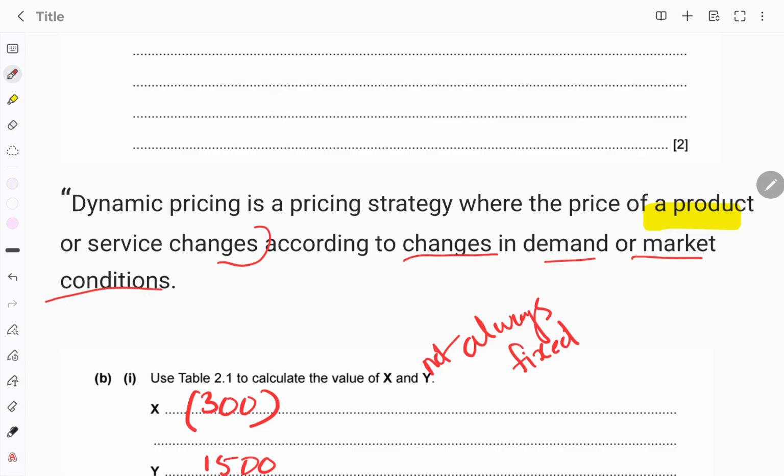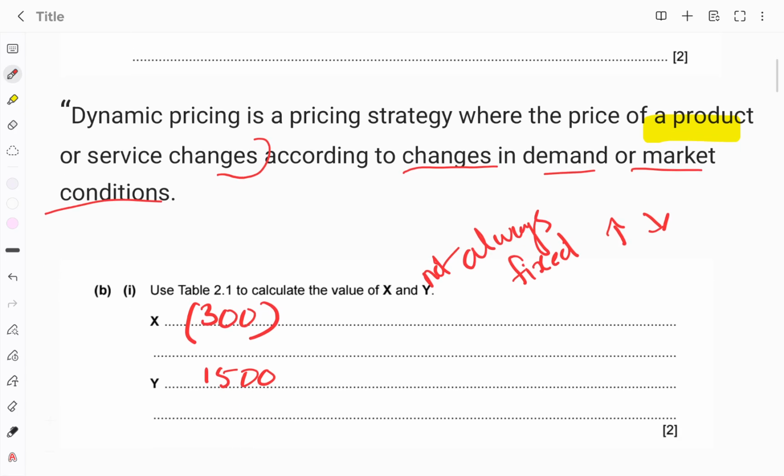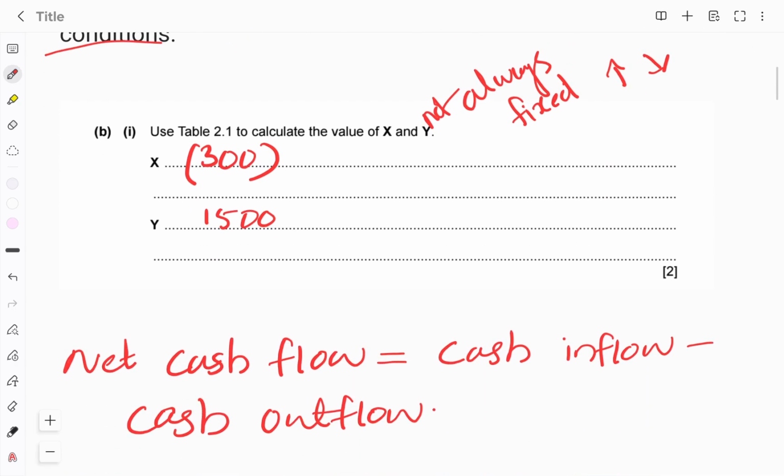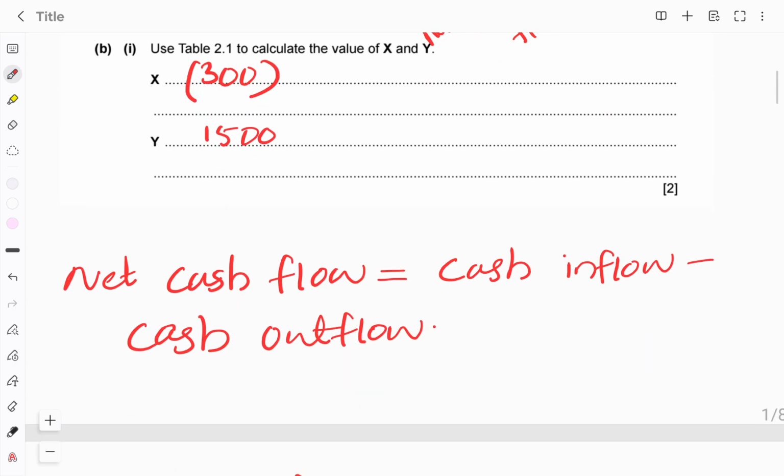It can go up or down depending on demand. For example, if the demand for a hotel room is very high during a holiday season, the hotel may increase its price. When demand is low, the hotel may reduce the price. So remember, dynamic pricing means changing prices according to changes in demand or market conditions. So now let's move on to the next question.